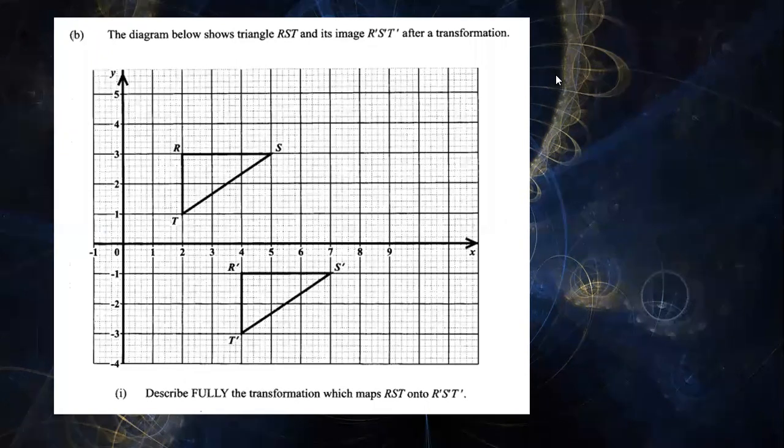So supposing you were here, and you want to get to R prime, and you cannot go there directly. Let's say the bridge is down. What you're going to do is hop across 1, 2, and then hop down 1, 2, 3, 4.